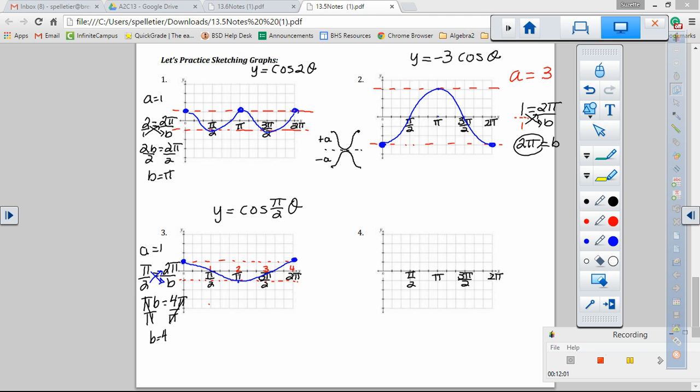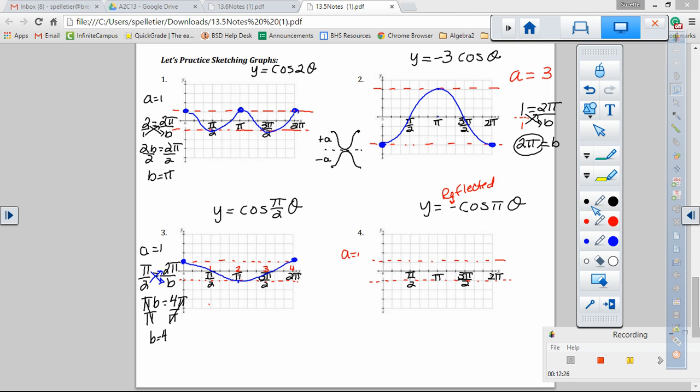All right. Last one, y equals negative cosine theta pi. Again, the negative means reflected. I'm going to have to be careful about that. A is 1. So up 1, down 1.